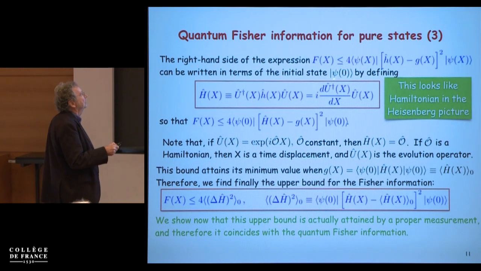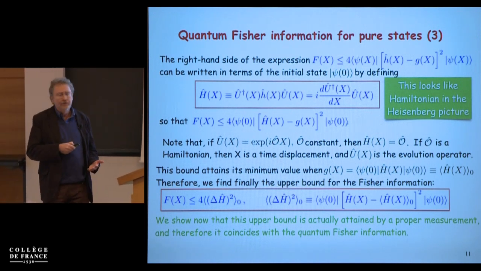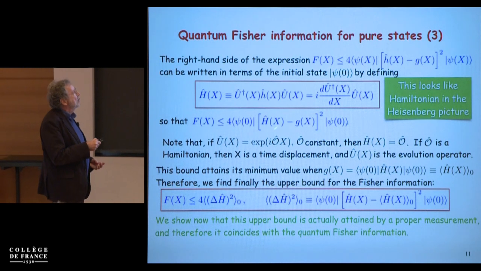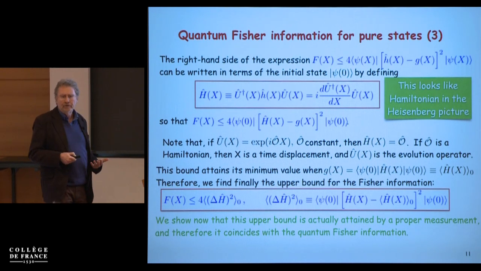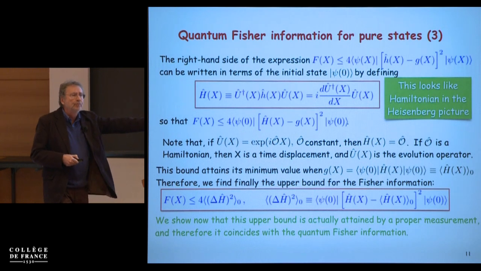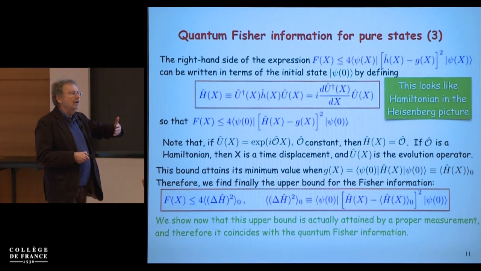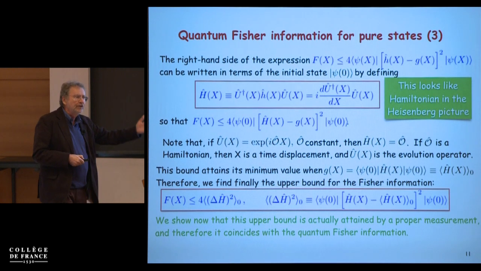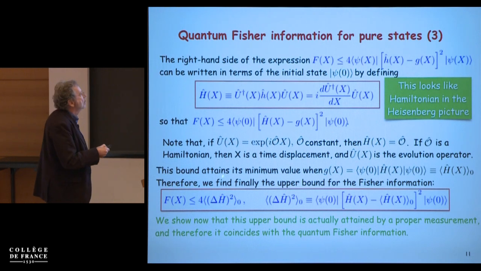Okay? So what I'm writing here could be the evolution operator, but could be something else. And this h of x could be the Hamiltonian, but could be in general any generator of the unitary operator. So if the unitary operator is a displacement in position, h would be a momentum, for instance. If the unitary evolution is displacement in phase, h would be an angular momentum, and so forth. Okay?